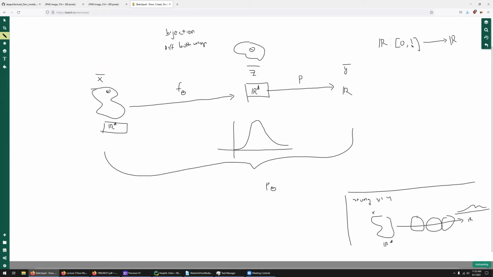But there is a function that converts a real number into just 0, 1, so this f theta does exist. The interval 0, 1 and all of the real numbers are basically the same size.